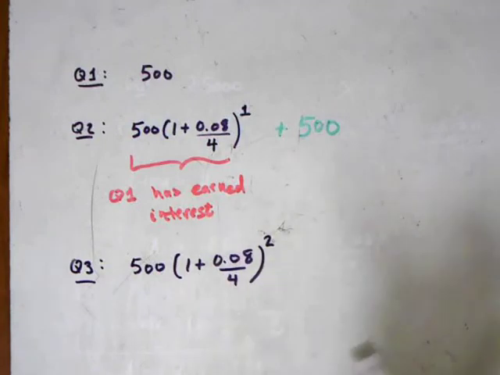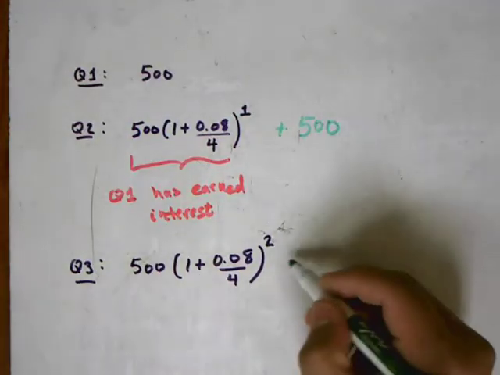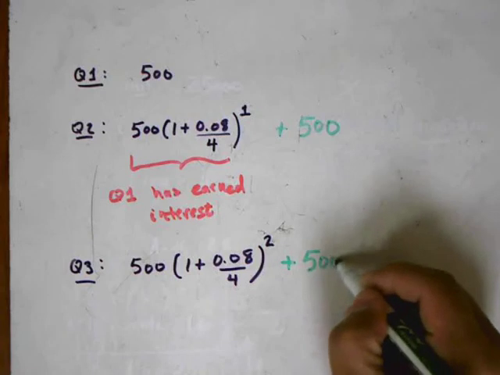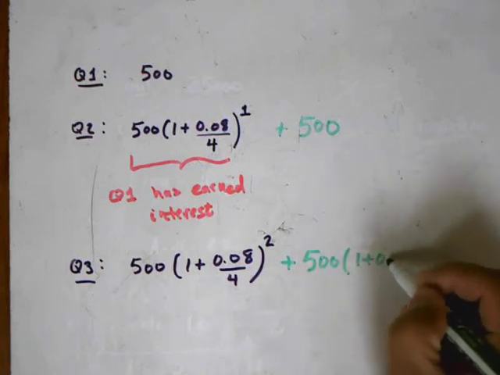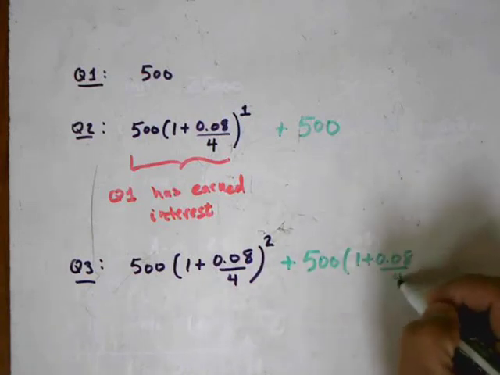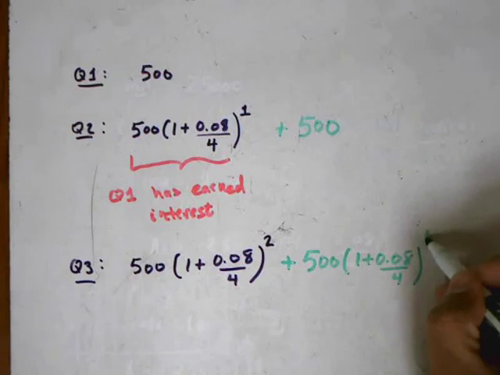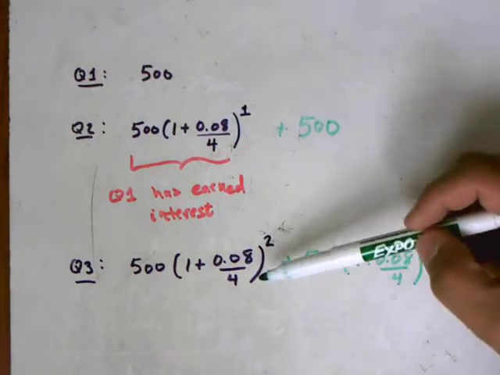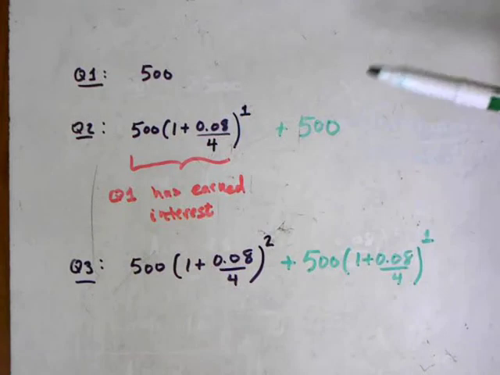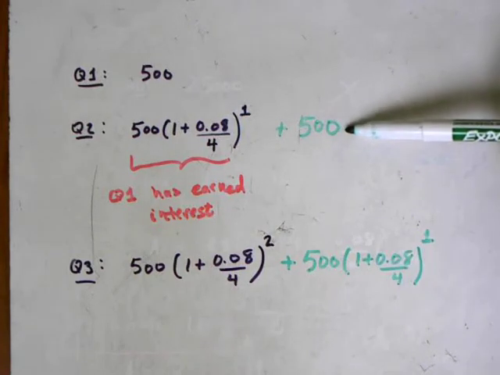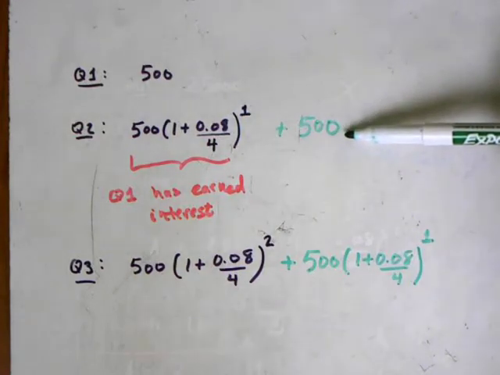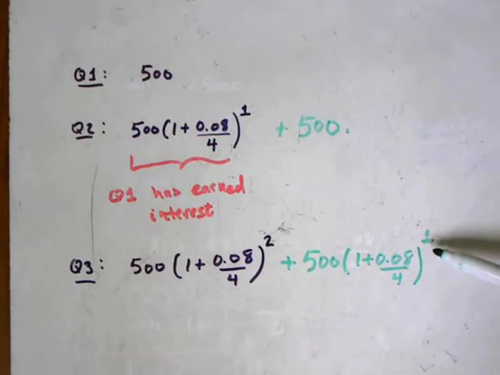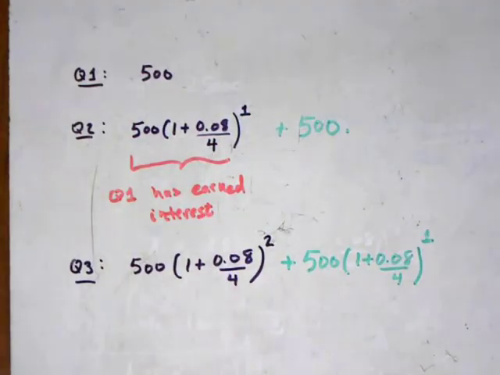The second $500, put in at quarter two, is 500 times 1 plus 0.08 divided by 4 to the first power, because it has only been there for 1 quarter. This is the total amount that he gets.